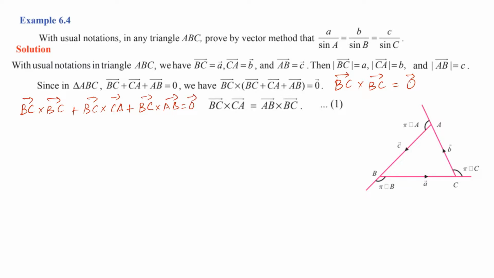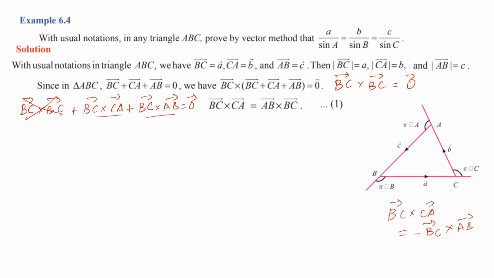Now this term will disappear because it's 0. So you will be left with these two terms. And if I'm going to move this term to the opposite side, it will become BC vector cross CA vector is equal to minus of BC vector cross AB vector.